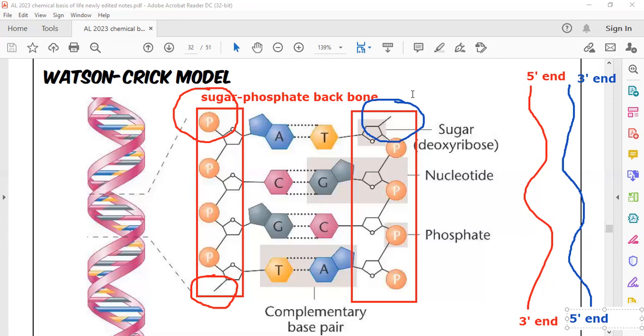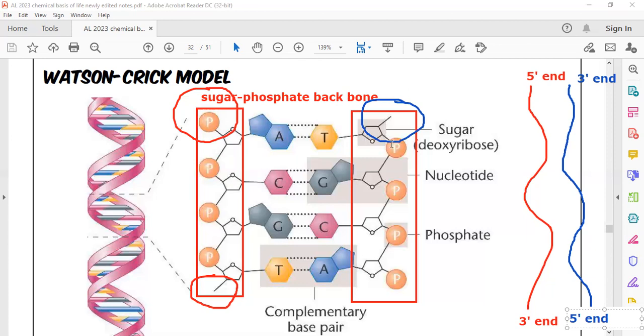The two chains are arranged anti-parallelly. If one chain is in 3', 5' direction, the other chain is in 5', 3' direction. Clear? Good.